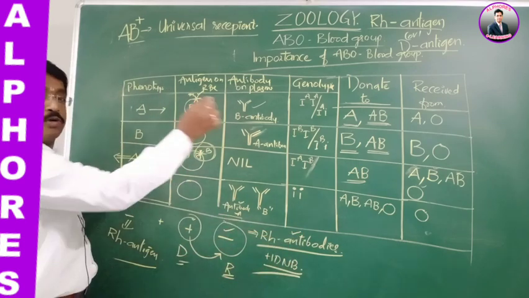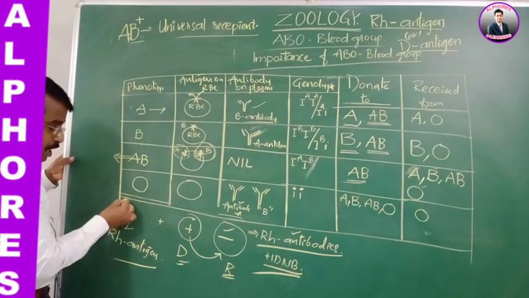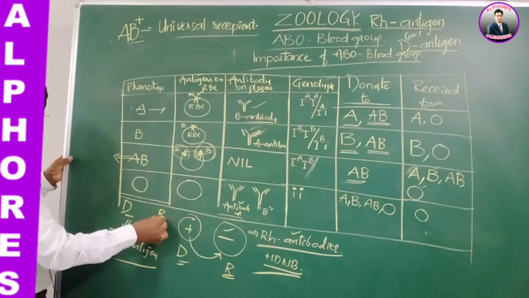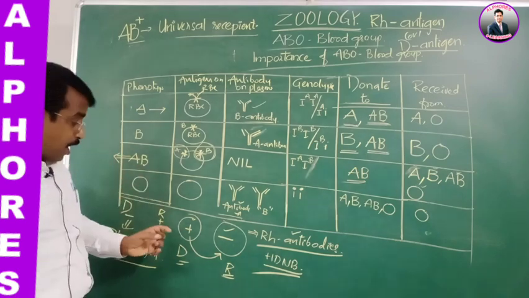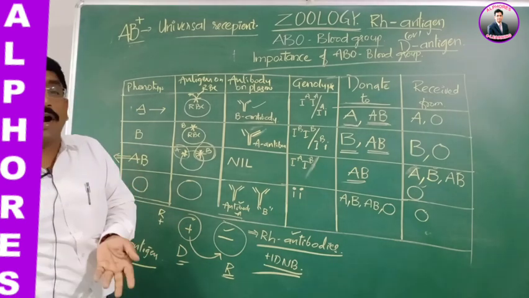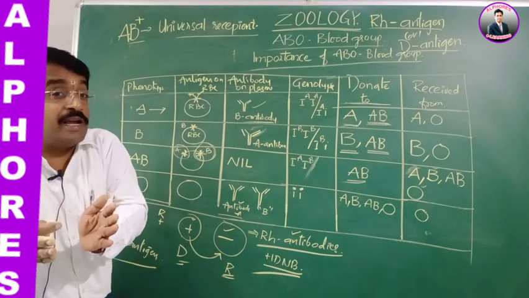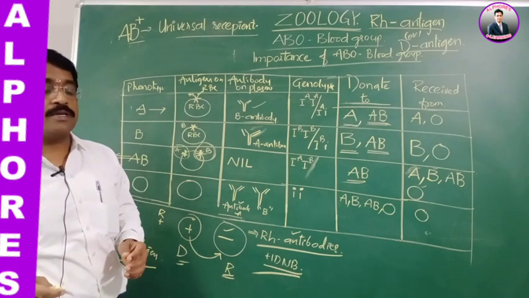And this leads to clumping, whereas if the donor is Rh negative and the recipient is Rh positive, there is no production. Why? Already they have the Rh antigen. Only negative individuals produce the Rh antibodies.